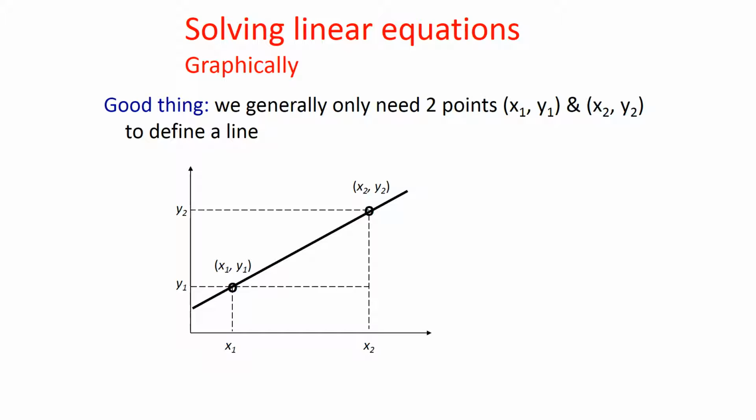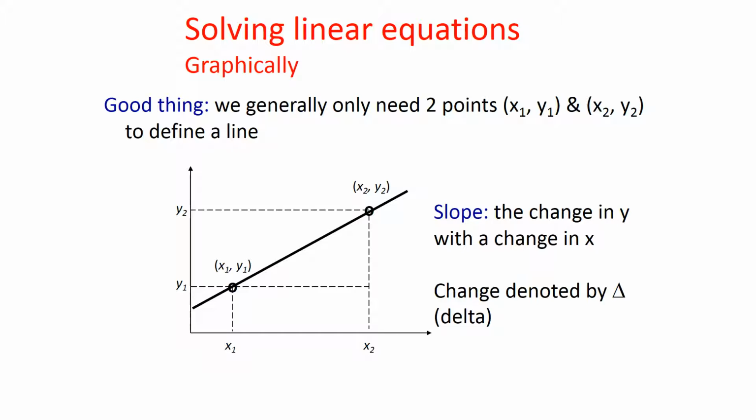I'm going to do orange because I know that one works. There you go, orange. Once you have 2 points, then there can only be one line that goes through those 2 points. So if we know what those 2 points are, we should be able to work out what the answer is.